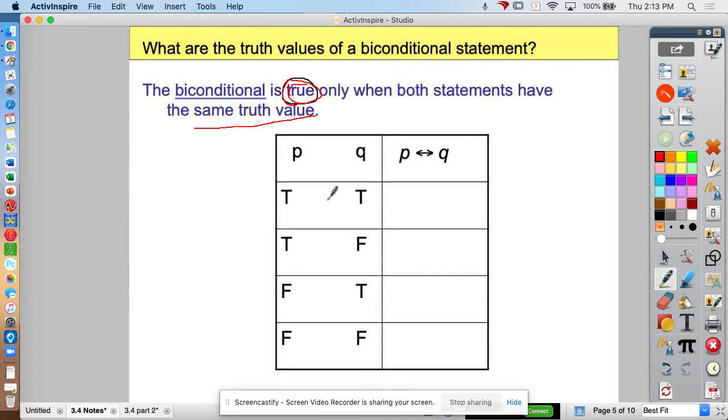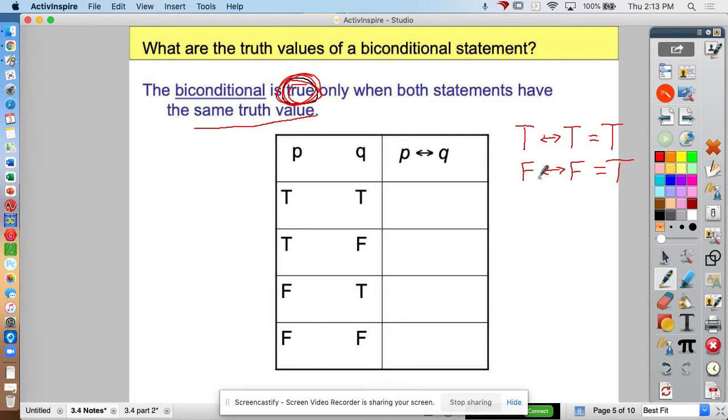And so the shortcut for that would look like this. True if and only if true equals true. Same truth value makes a true statement. False if and only if false makes a true statement.